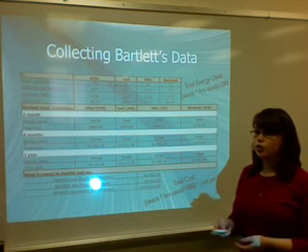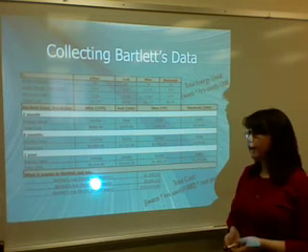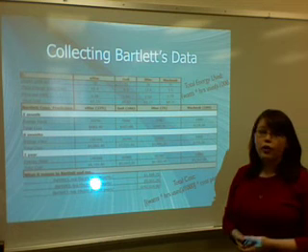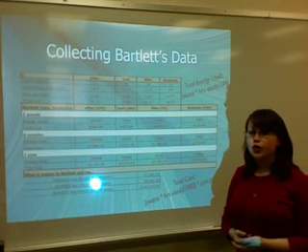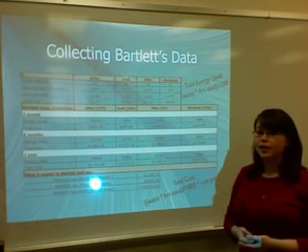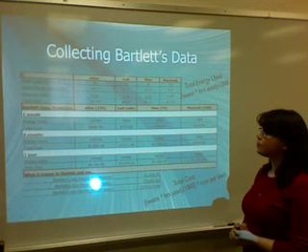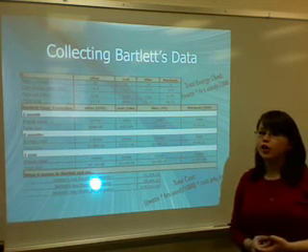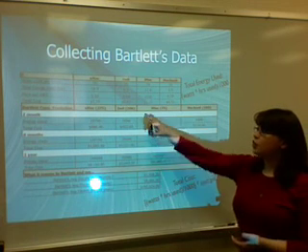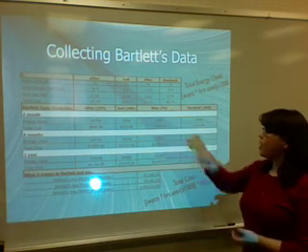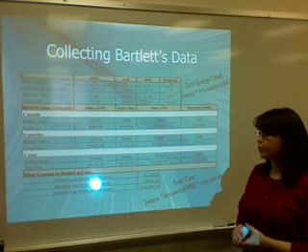Collecting Bartlett's data was more difficult than I had anticipated. I had to find our technology guru to figure out how many computers we actually had. He did not have the data on hand, so he gave me an estimate. We have approximately 275 eMacs, 200 Dell computers, 75 iMacs, and 100 MacBooks.